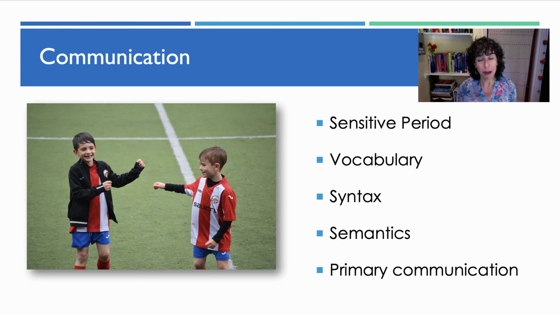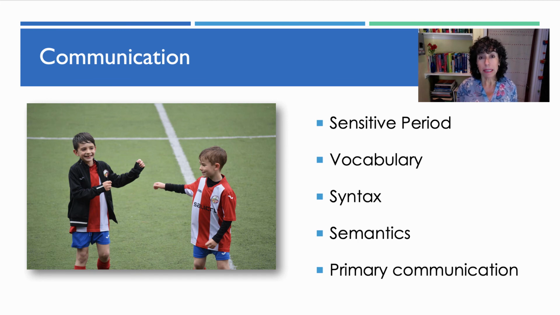Communication is another area that is of prime importance to the preschooler. It's a sensitive period where language, both receptive and expressive, increase. Vocabulary increases to 1,000 words by age 3.